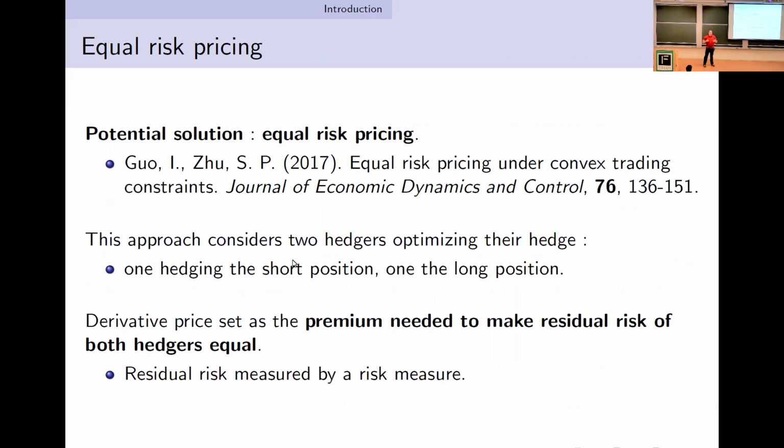So the work we propose relies on this original framework of Guo and Zhu, which is called equal risk pricing. The original paper is displayed there. And the idea here is that we're going to have two agents, one hedging the long position, one hedging the short position, and we'll define the price as being the initial value of the hedging portfolio, or the option premium, which will be such that the residual risk for the long position will equal the residual risk for the short position.